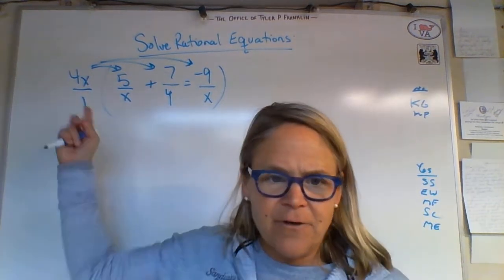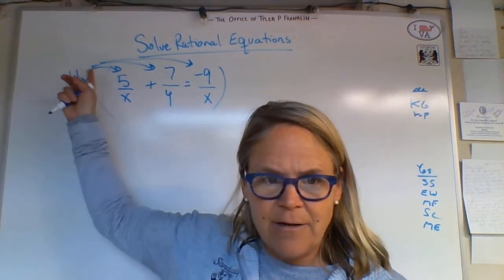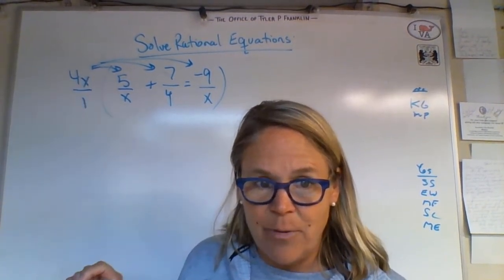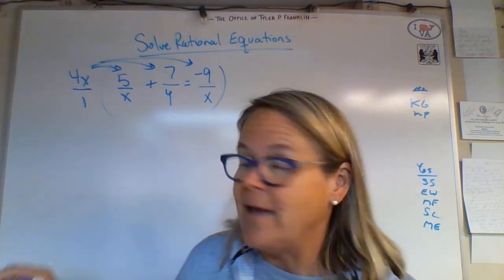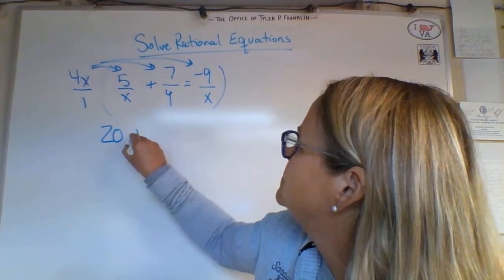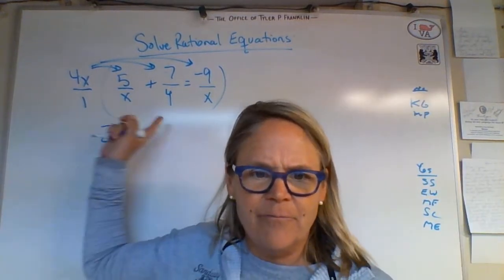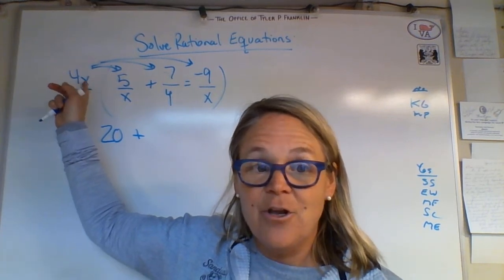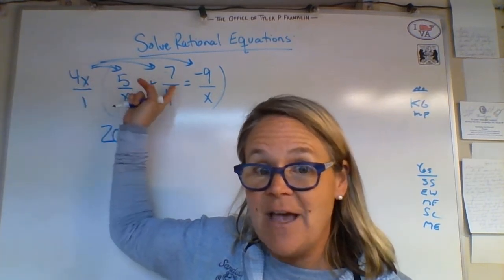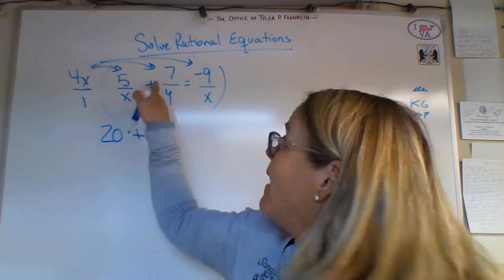So you think in the first term, x on the bottom crosses off the x on the top, you would have 4 times 5, 20. Second term, 4 on the bottom crosses off the 4 on the top. You're going to have x times 7, but you are adding that.